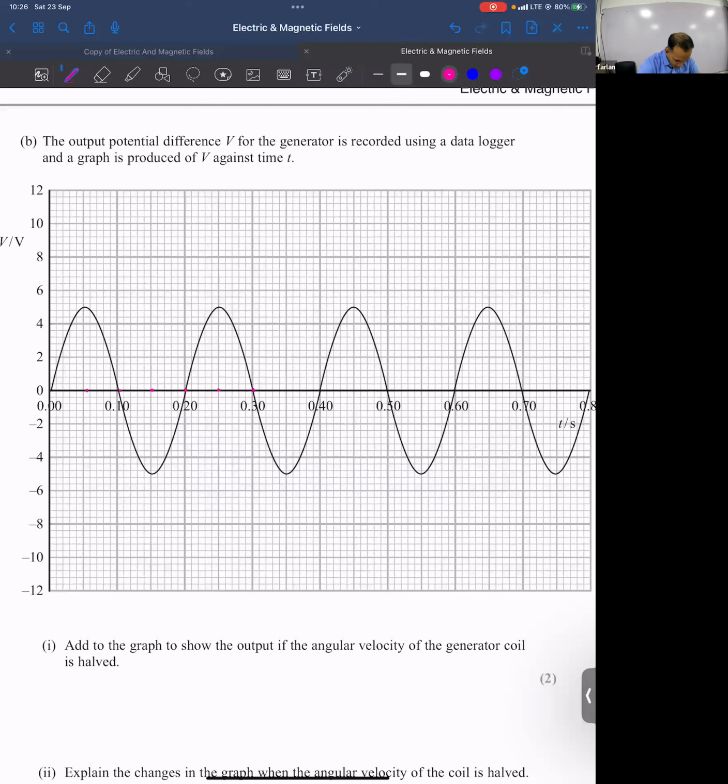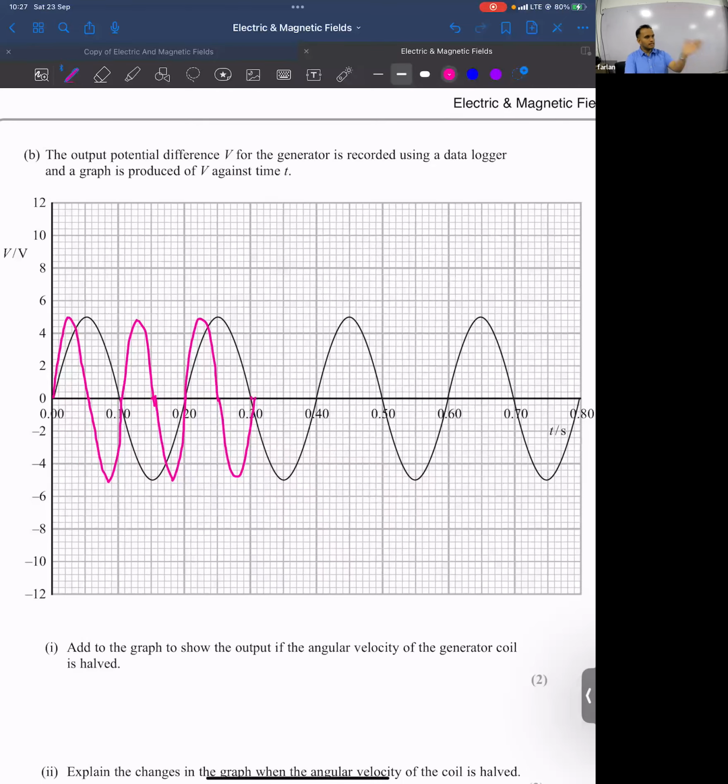Is this correct? The angular velocity is half. You're rotating the coil at half the speed now. So that means the time taken to complete a cycle will be half. Is this correct? What's wrong with it?